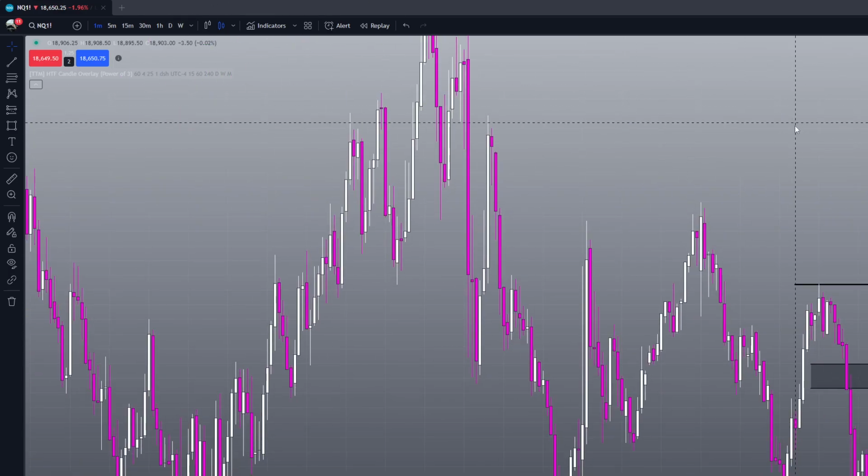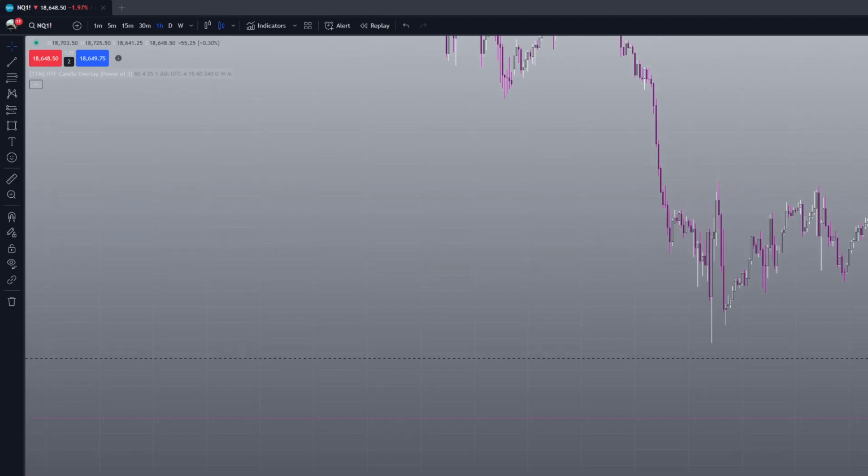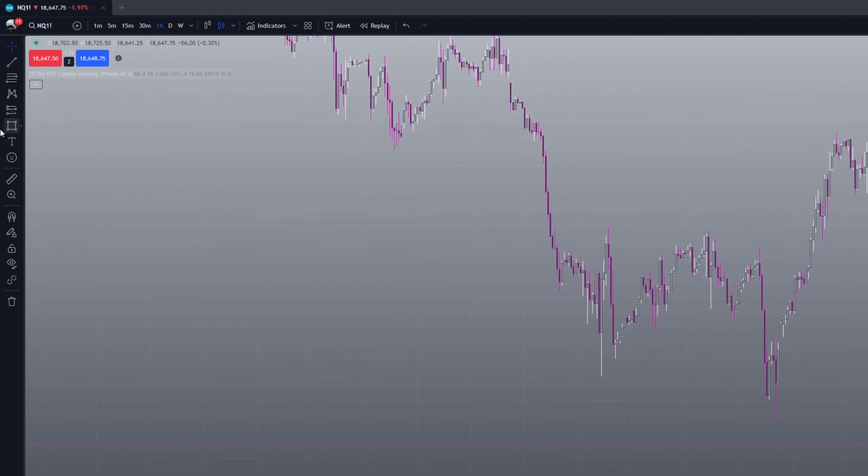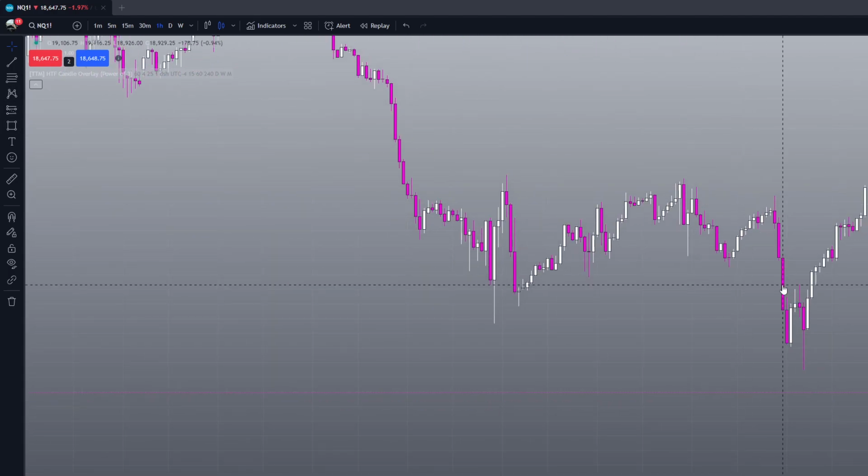Now let's use an example on the hourly time frame, because this works on any range that you choose, as long as it is a valid range. So this swing right here, let's take that for example. This is the hourly time frame. I'm going to draw a 50% of it, just like that.